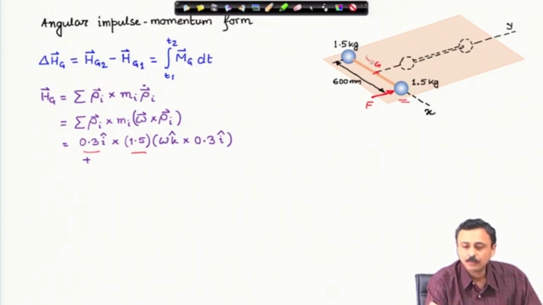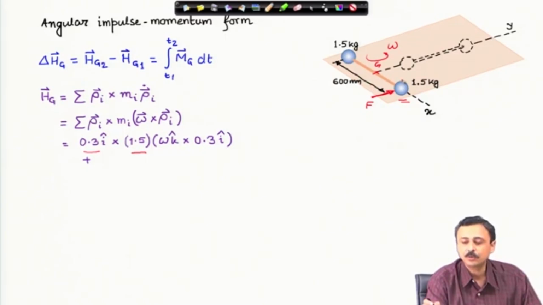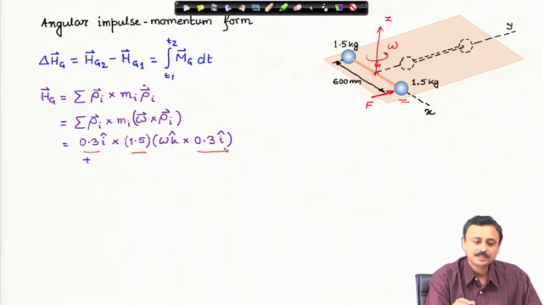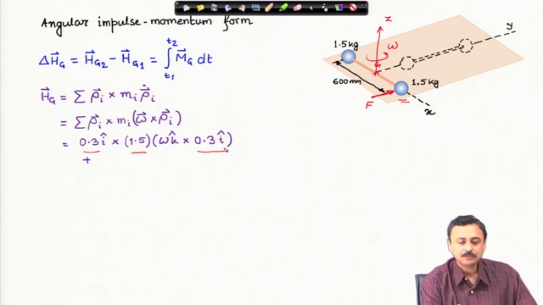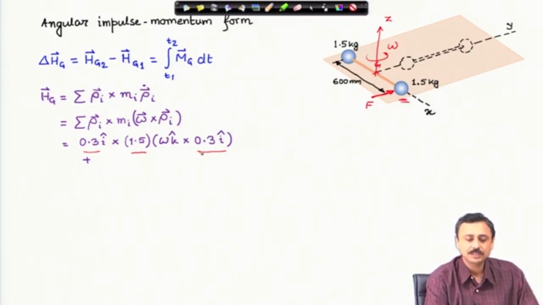There is some omega of the frame, omega k cap, and this omega will of course be along the z axis. Therefore, omega k cap cross again rho i of the mass particle, again 0.3 i cap. This is the moment of the relative linear momentum of this mass particle about the center of mass of the system.